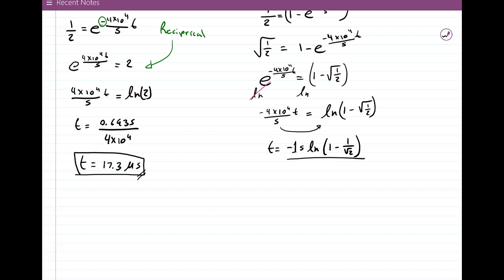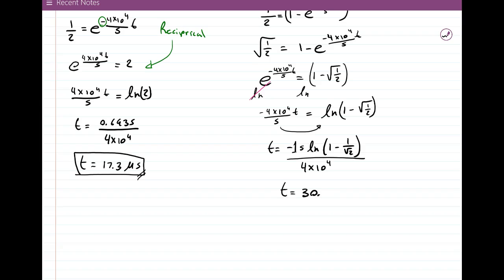So 3.07 times 10 to the negative 5, or let's do it in terms of micro. 30.7 microseconds.